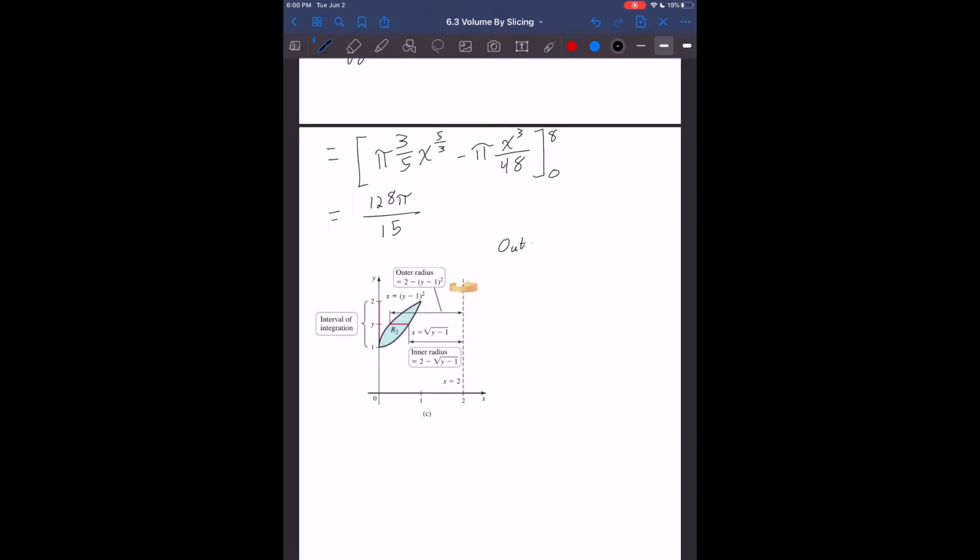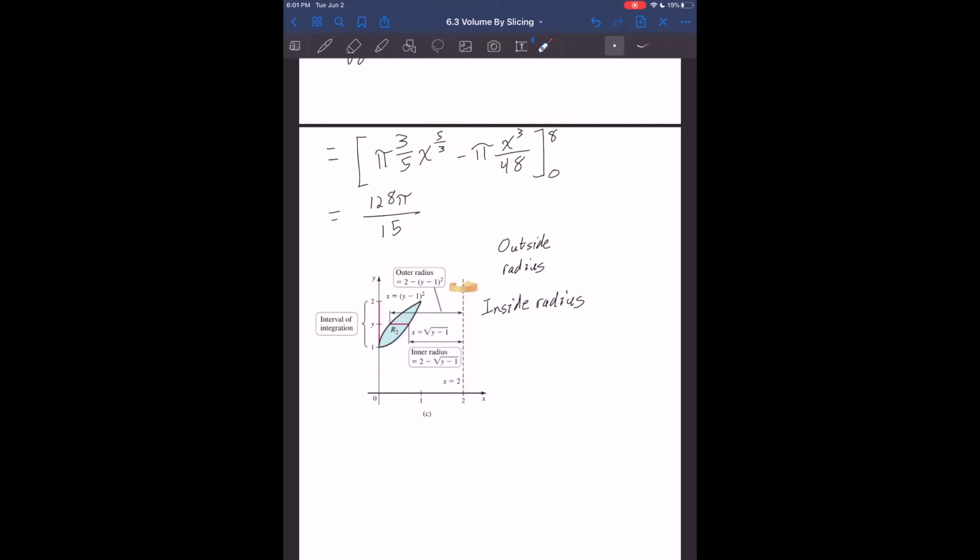So if we think about this, right, we need an outside radius and an inside radius. Well, the outside radius is just going to be this distance right here, which is shown really nicely in this picture. It's just the distance between the line x equals y minus 1 squared to this line x equals 2.